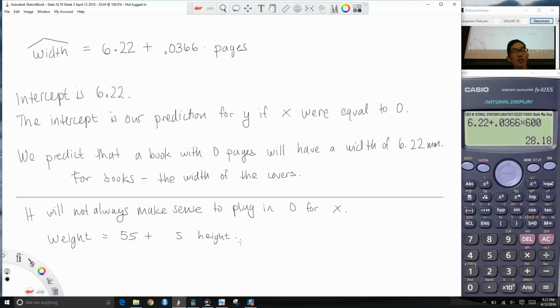Because no one can have a height of 0. So the intercept will not make sense, because the intercept is our prediction for y when x is 0, and we can't plug in 0 for x.